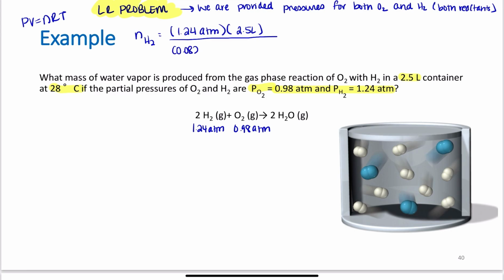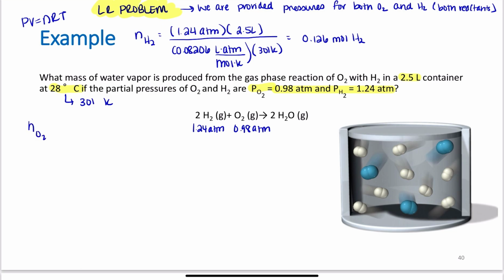Gas constant 0.08206 liter atmosphere per mole K. And my temperature, 28 degrees C, is the same as 301 Kelvin. This gives me 0.126 moles of H2.